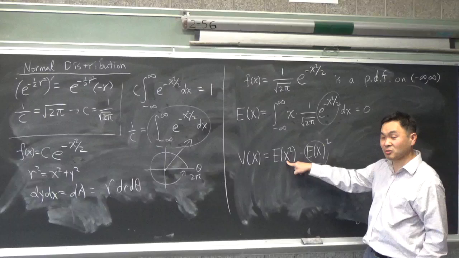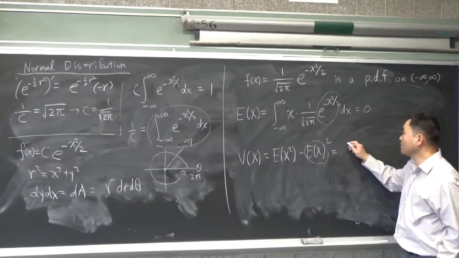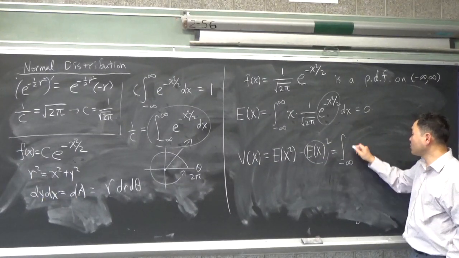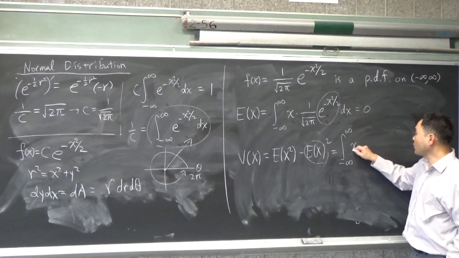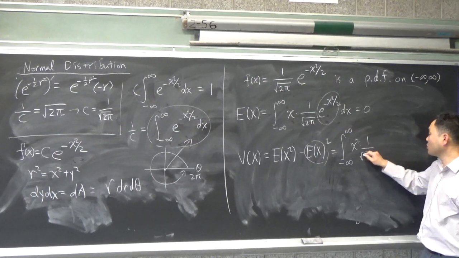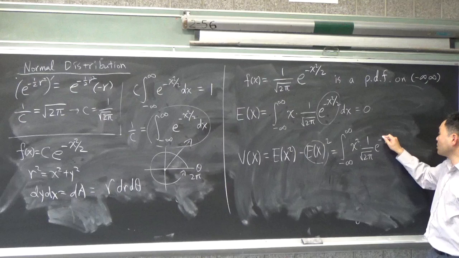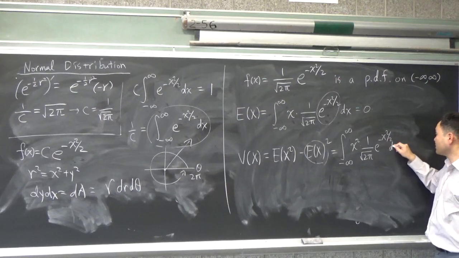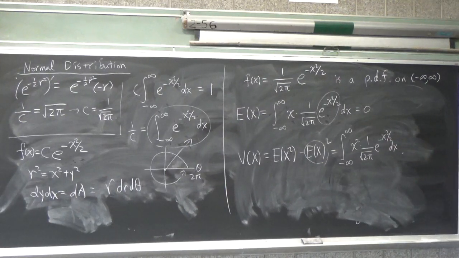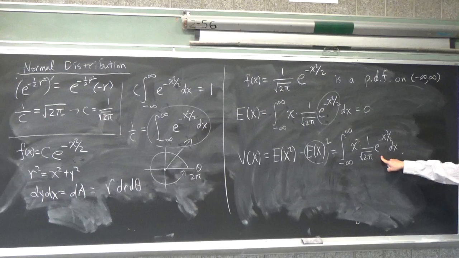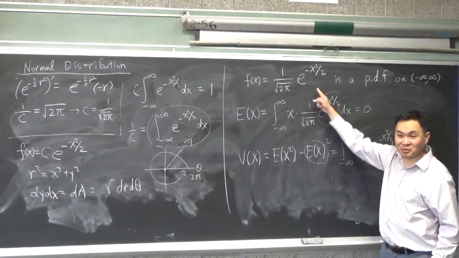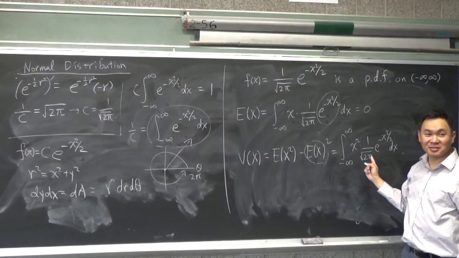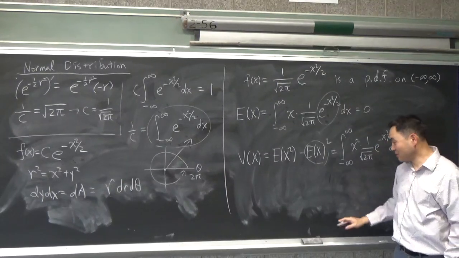So we just have to do this one, which is the integral from negative infinity to infinity of x squared times 1 over square root of 2 pi e to the negative x squared over 2 dx. Now this is suddenly, again, impossibly hard. It's as hard as trying to do this in math. Okay? It's as hard as X squared.